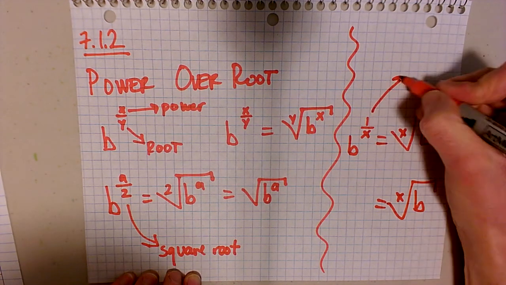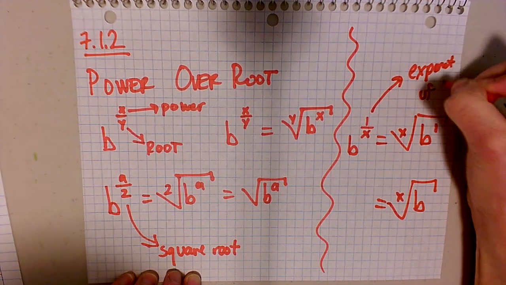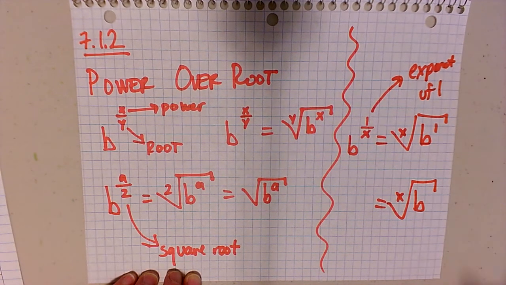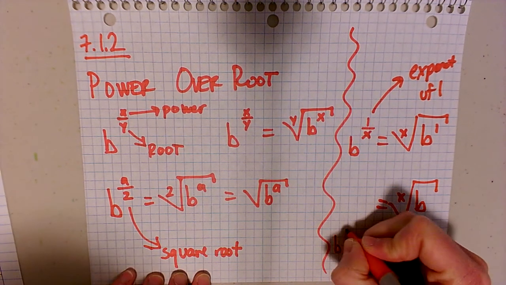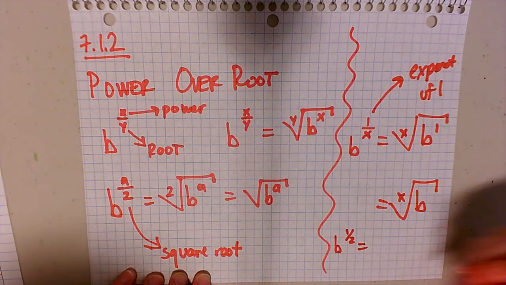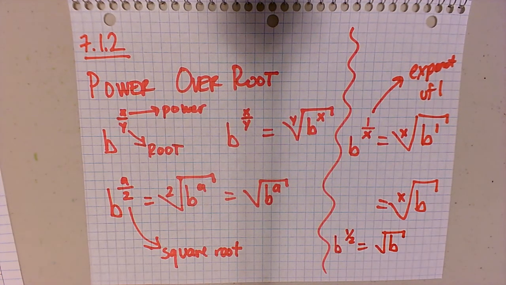You can put it in your radical if it helps you out, but you don't have to. If you have b raised to the 1/2, that's just the square root of b. That makes things nice and easy.